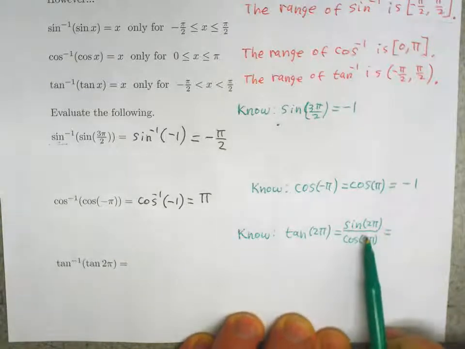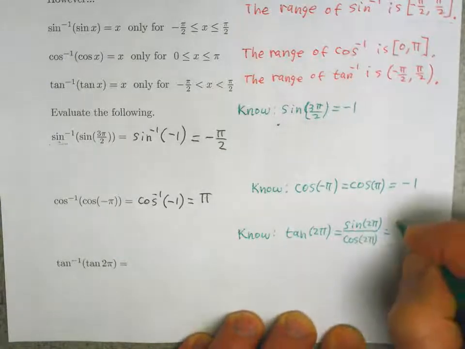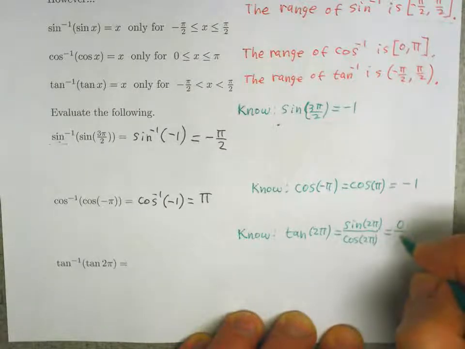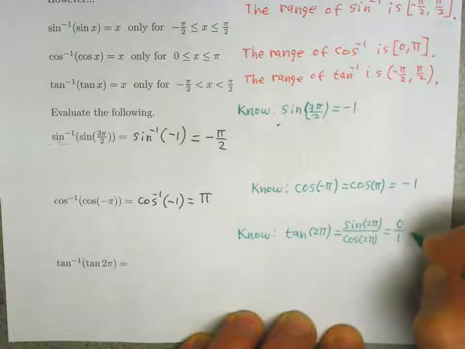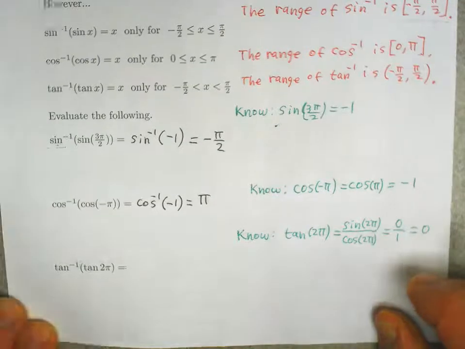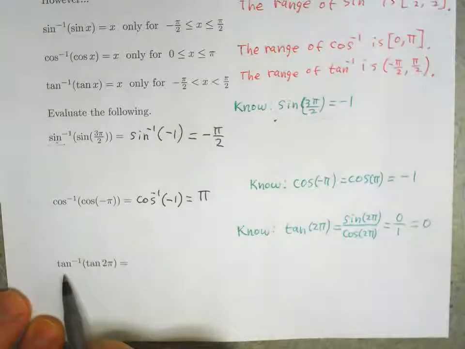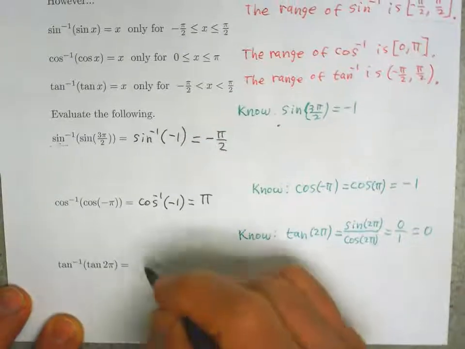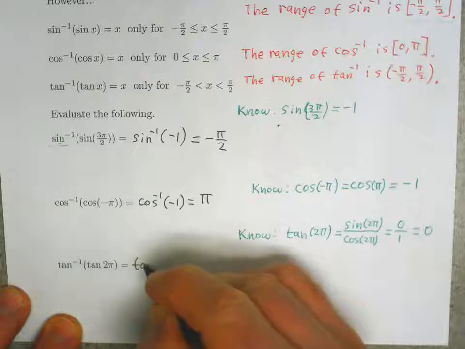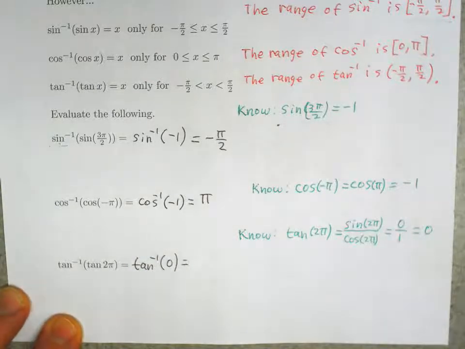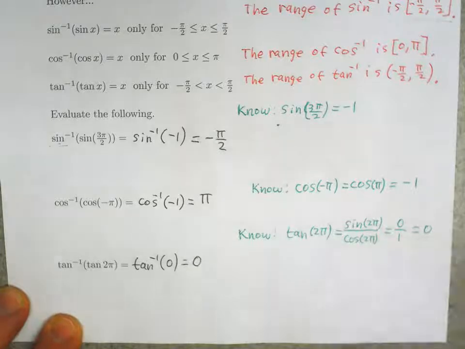And we know that sine of 2 pi is equal to 0, and cosine of 2 pi equals 1, and 0 divided by 1 is 0. Okay, so inverse tangent of tangent of 2 pi is equal to the inverse tangent of 0, and the inverse tangent of 0 is 0.